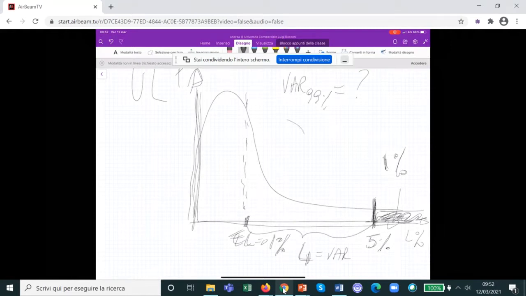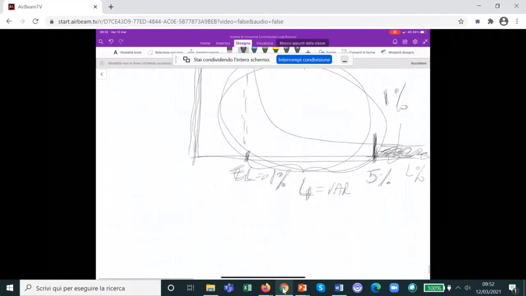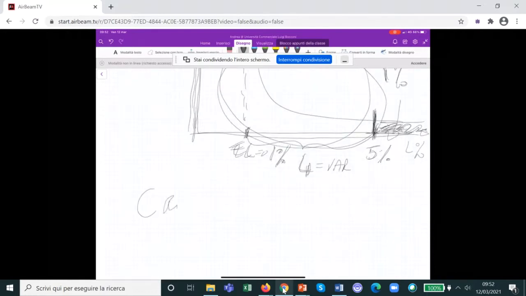And how do we estimate the unexpected loss component? Well, this can be done using credit portfolio models. And that's what we're going to do afterwards. We'll more specifically look at two models, which are very much used out there in the market.